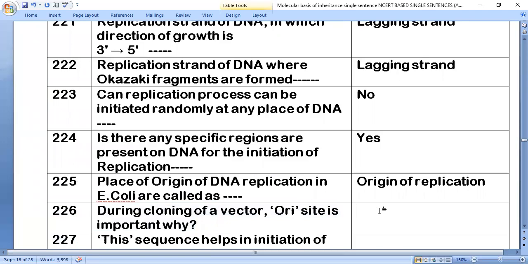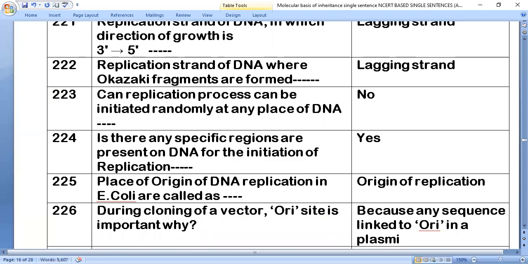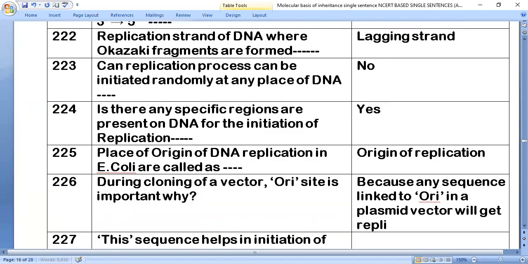During cloning of a vector, the ori site is important. Why? Because any sequence linked to ori in a plasmid vector will get replicated.